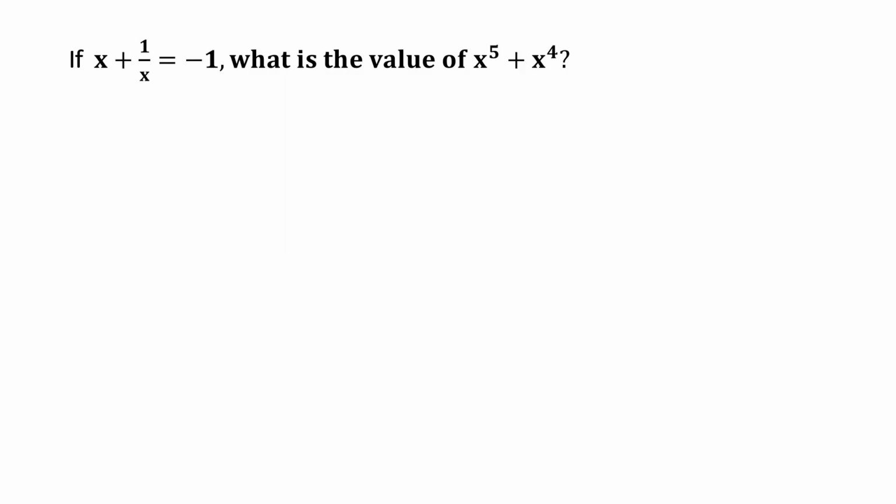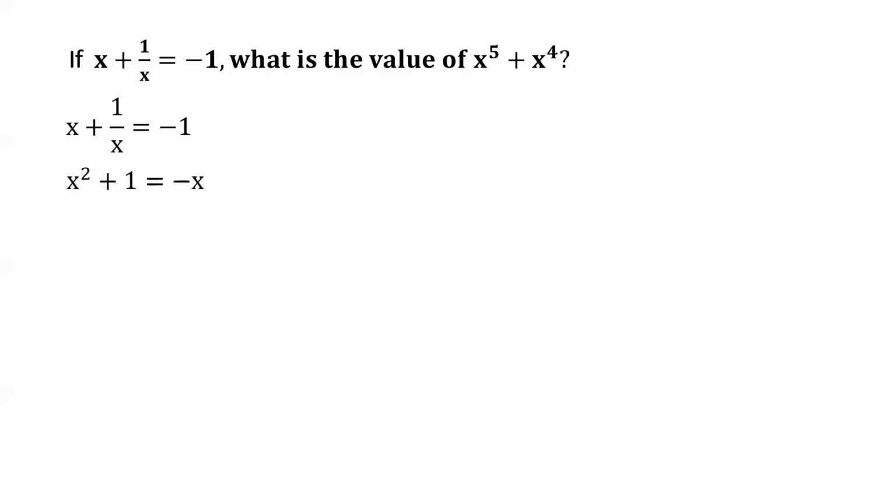But let's start with this basic equation that we are given: x plus 1 by x is equal to minus 1. So we know that x is not equal to 0 because we have x in the denominator. So we can multiply both sides of this equation by x, and this is what we get.